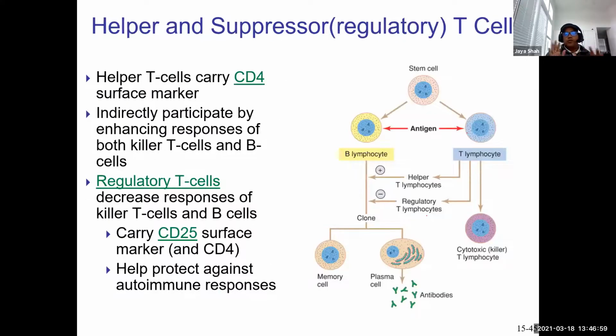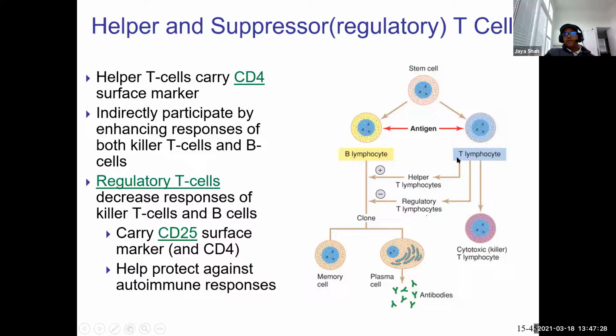So here you see the association of B and other T cells. Stem cells in the bone marrow get antigen, stay in the bone marrow, mature, become B cells; in the thymus or secondary lymphoid organs they become T cells.